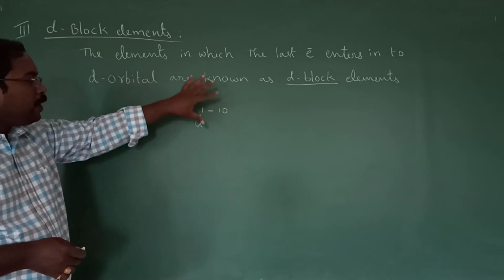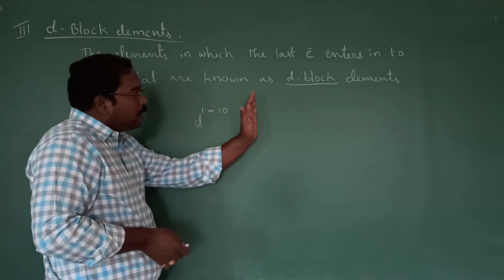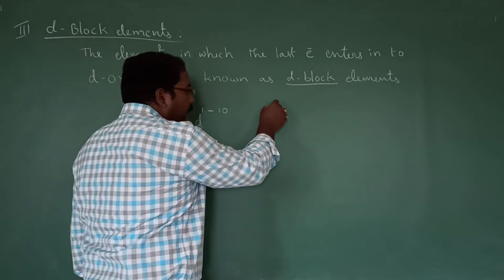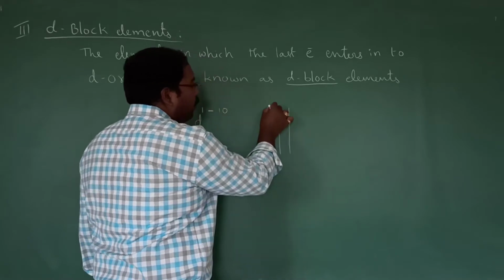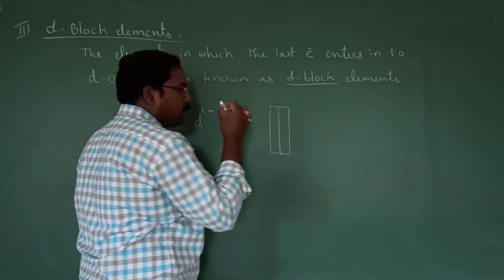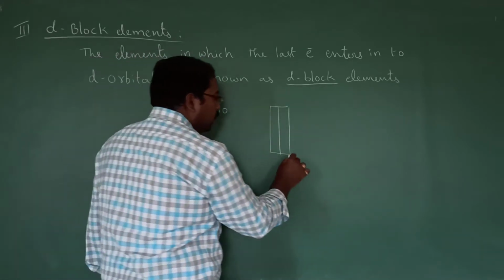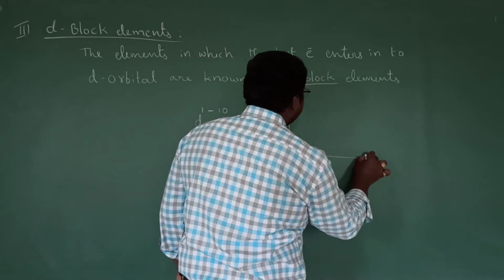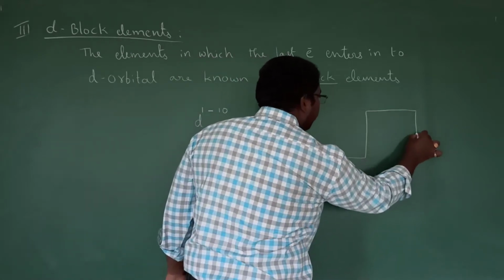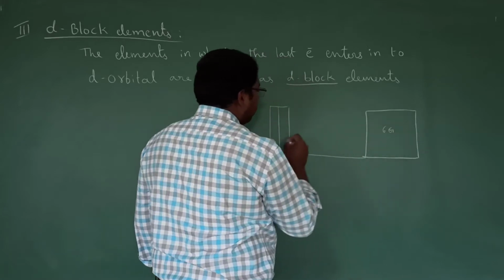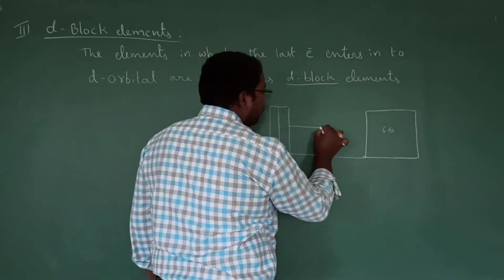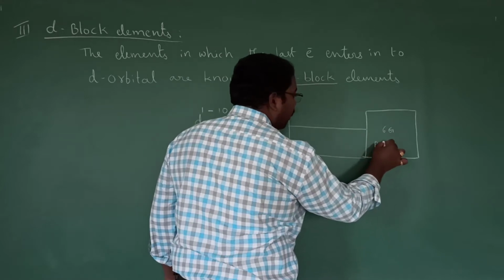If you observe the periodic table, on the extreme left-hand side, these 2 groups come under s block. In the same way, here you will find 6 groups, and those 6 groups come under p block.